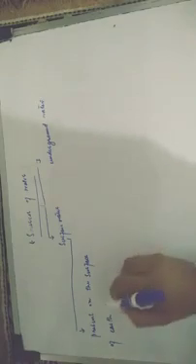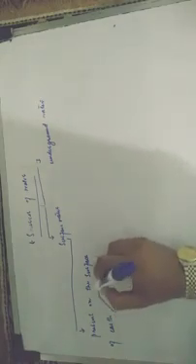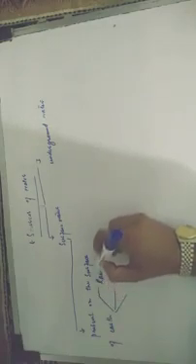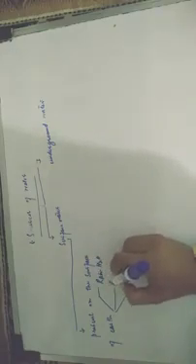It is of three types. We can divide it into the rainwater. The second is the rivers and lake water.